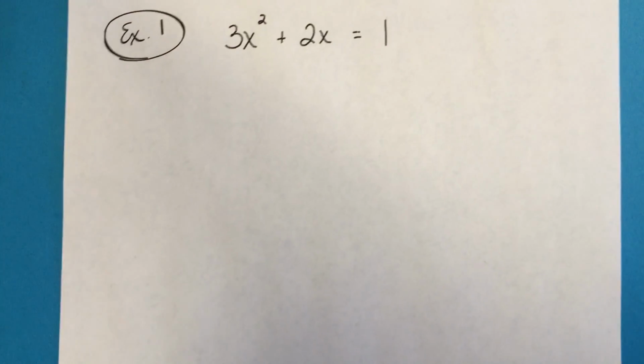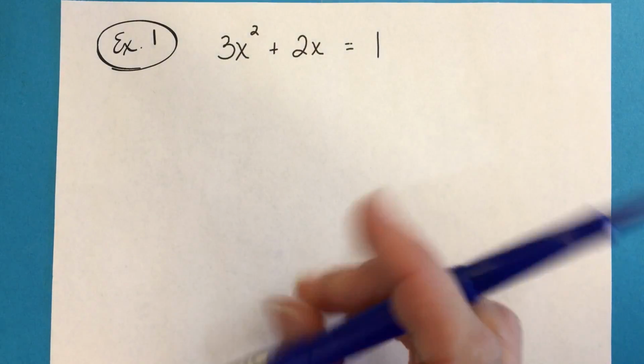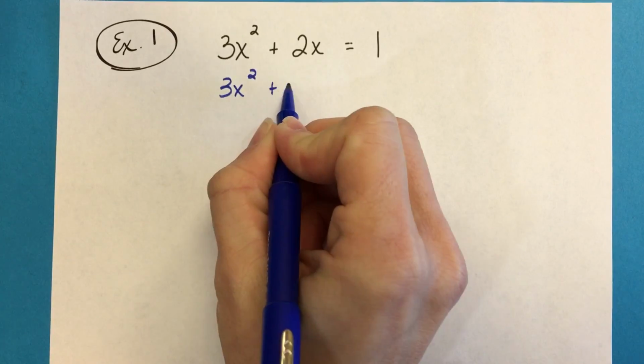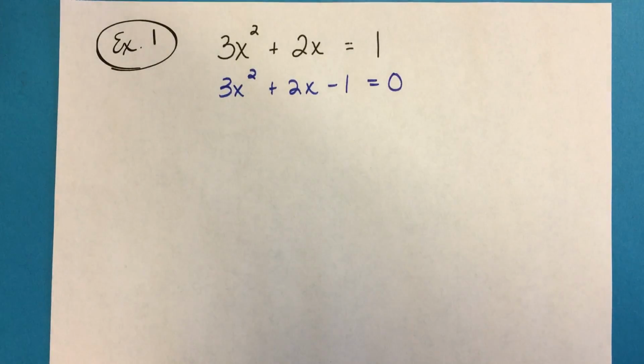Okay, so our first example. The first thing that I've got to do is actually get it in the correct form. As I said, your equation does need to be set equal to 0, which means I will need to subtract my 1. So I would have 3x squared plus 2x minus 1 equal 0.